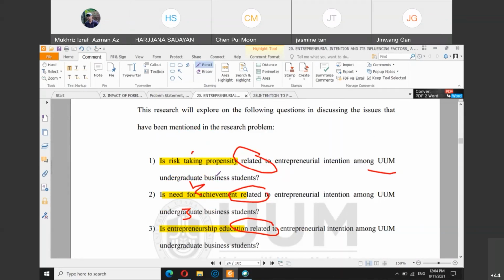So that is one thing that you need to be aware of as well. The questions in the questionnaire that you will send to your respondents should have components that will allow you to answer these questions.